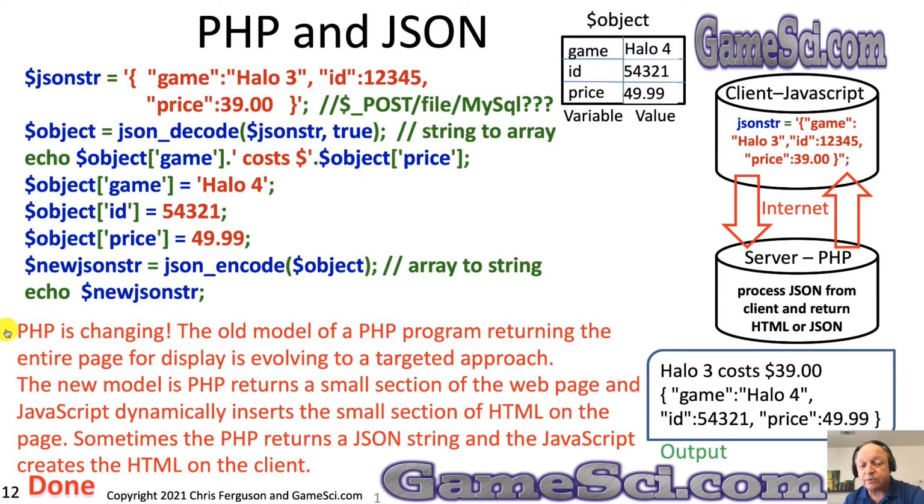Sometimes the PHP returns a JSON string and the JavaScript creates the HTML on the client. For most of this class, the PHP program has been returning HTML back to the client. Now with JSON, we can also return JSON format strings to the client and let the client display the data.